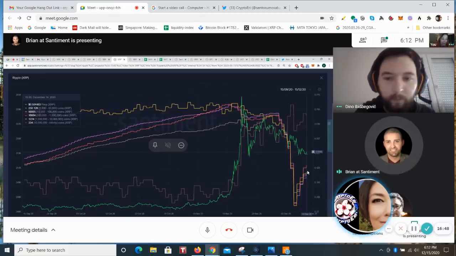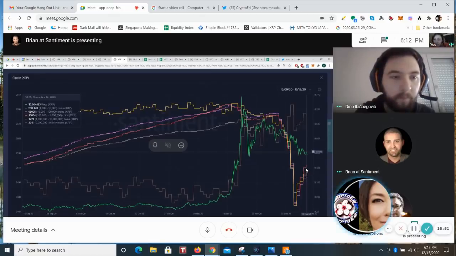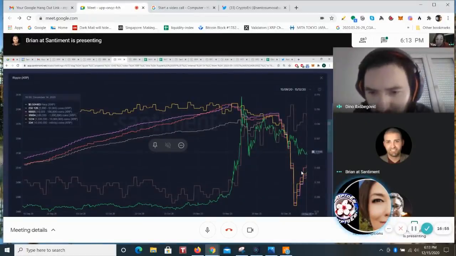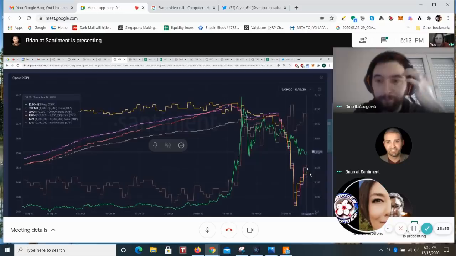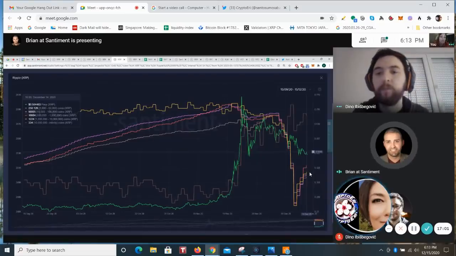It's one below that, 10K to 100K. Oh, the one that's really bouncing back seems to be the red one, right? Yeah, the red one, 100,000 to 1 million. Yeah, so the red is the 100,000 to 1 million.